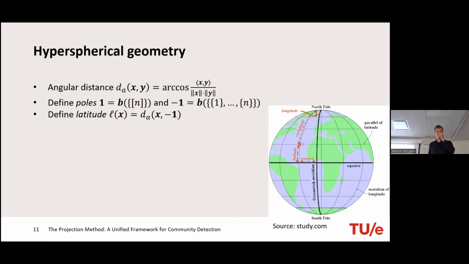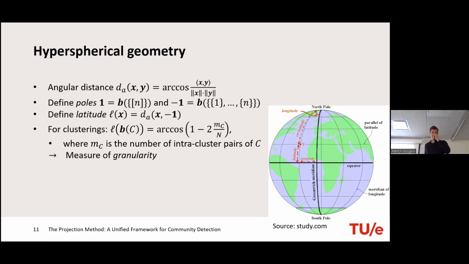So we define this latitude as the angular distance towards this -1 pole. In particular, if we measure the latitude of a clustering vector, then this is simply given by the arccosine of 1 minus twice the fraction of node pairs that are intra-cluster pairs.